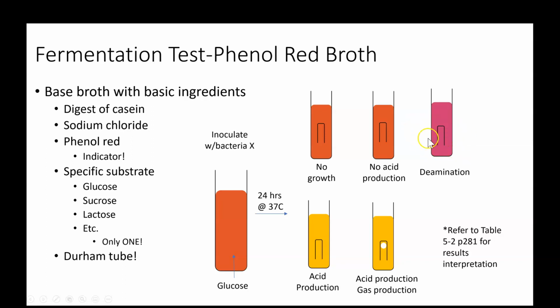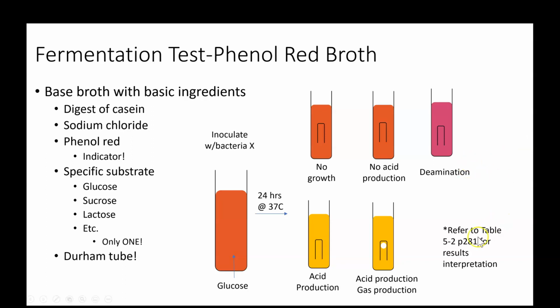So when you see the media go from a red color to a pink color, you know that there's definitely no fermentation occurring. What's really happening here is deamination. This bacteria is able to utilize the casein as a nutrient source, and it's deaminating those amino acids to make the pH of the broth basic.